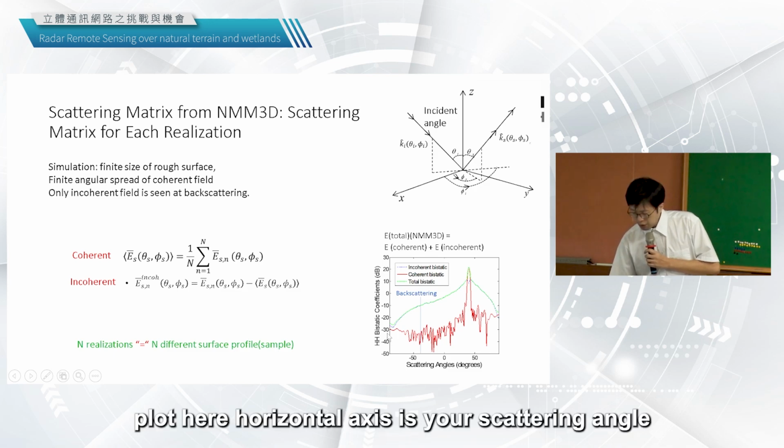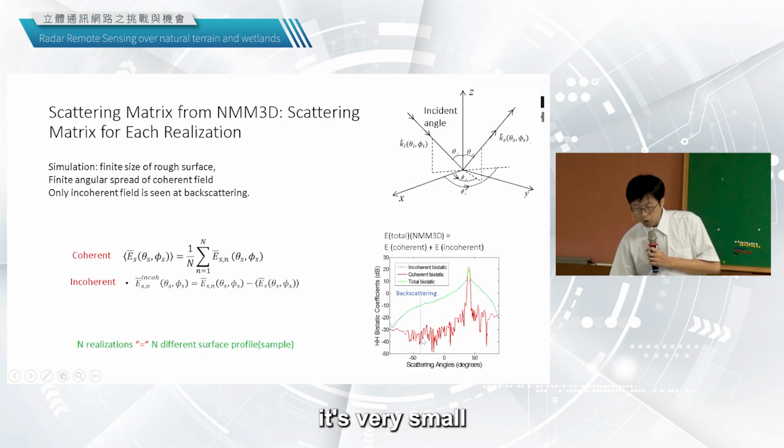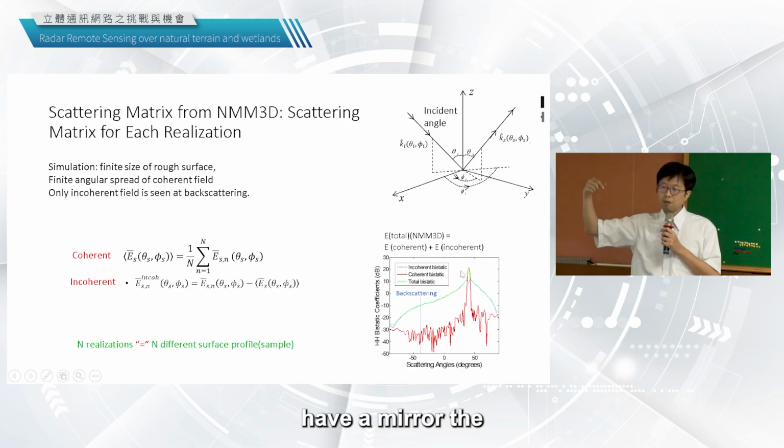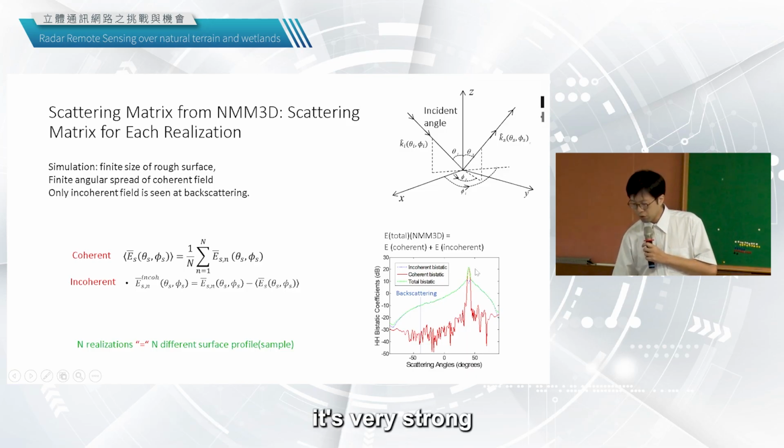The horizontal axis of the plot is your scattering angle. So your backscattering is at minus 40 degrees. It's very small. But your forward scattering is just like a mirror: when you have a mirror, the largest reflection is in your specular direction. It's very strong.